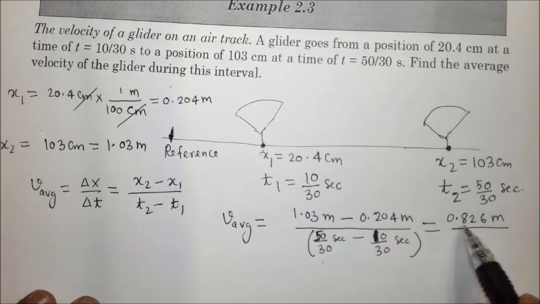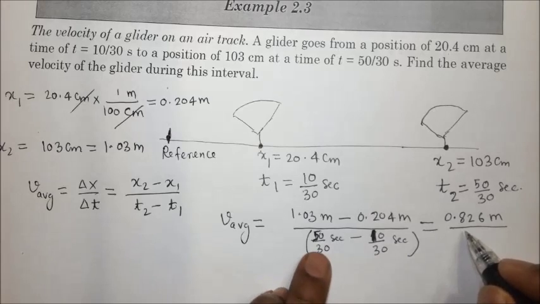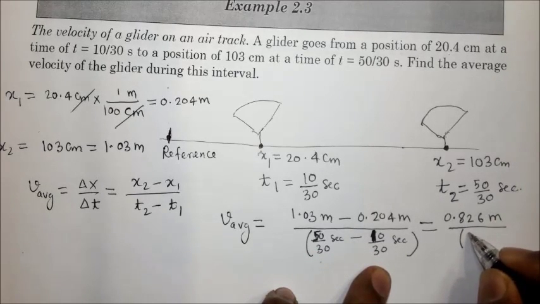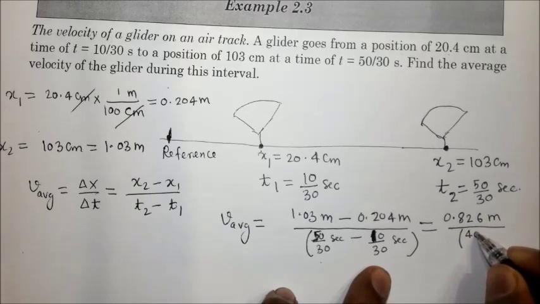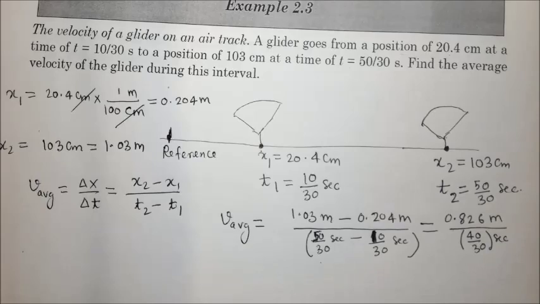The difference is 0.826 meter, and this difference, 50 over 30 minus 10 over 30, you will get 40 over 30 second.